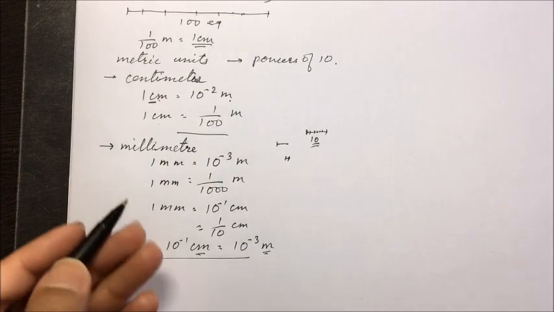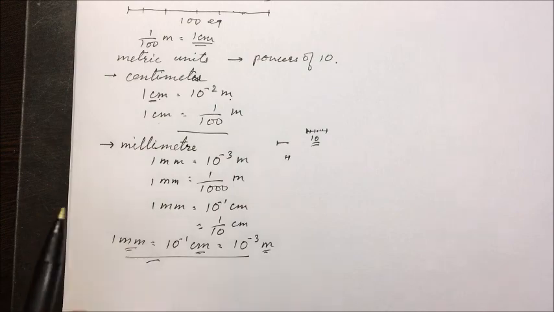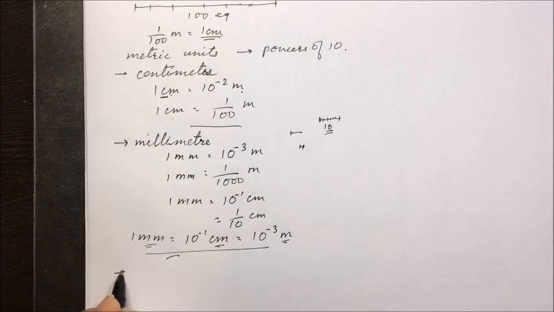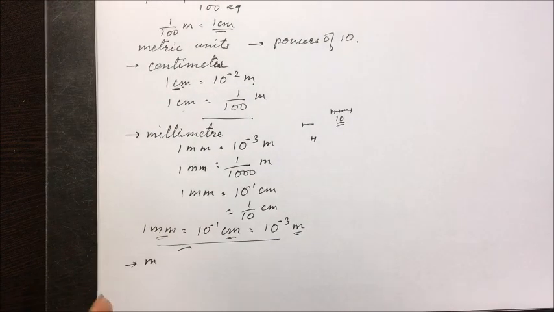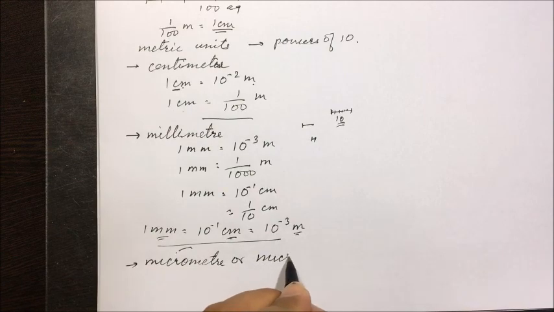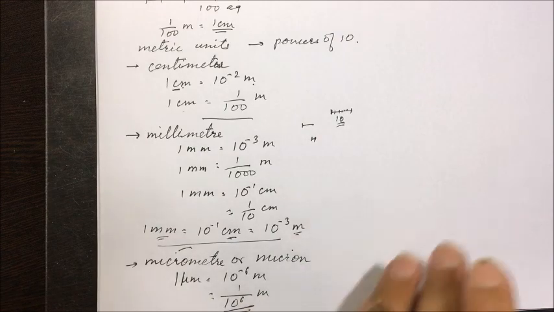Or for example, if we have to measure even smaller lengths, maybe the size of the nucleus or the wavelength of any spectrum, we will go with even smaller units, for example micrometer, or we call it micron. 1 micrometer equals 10 raised to power minus 6 meter, that is 1 millionth part of a meter.